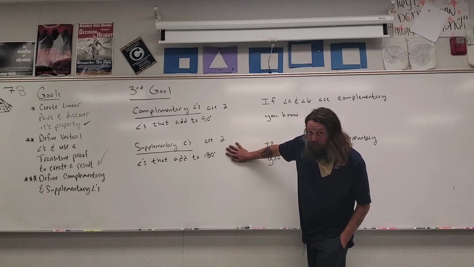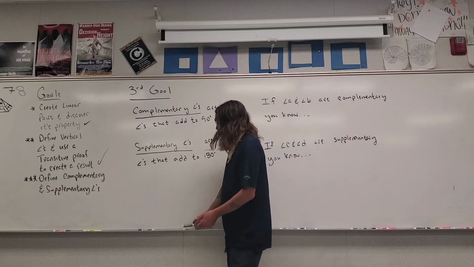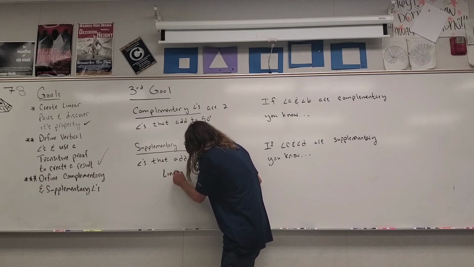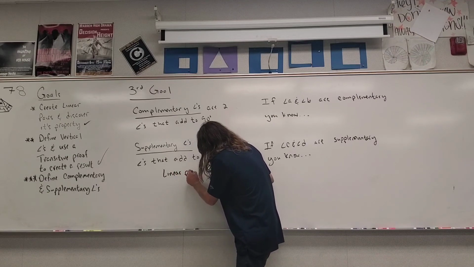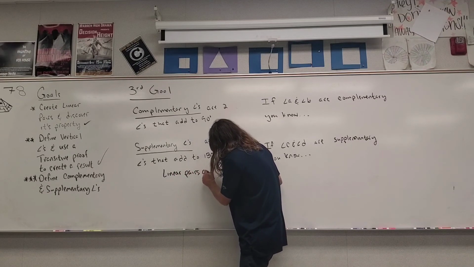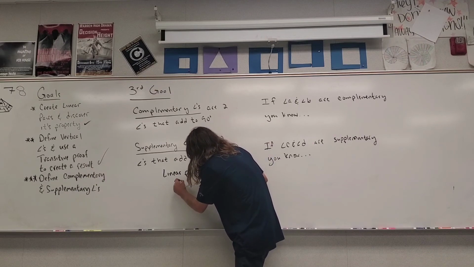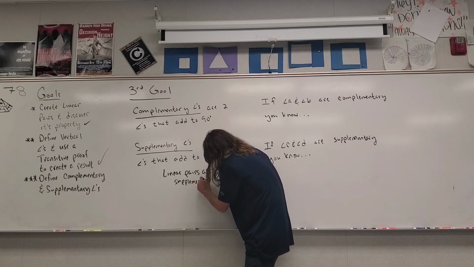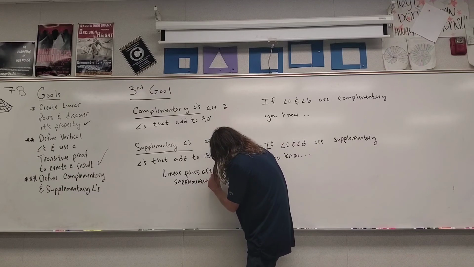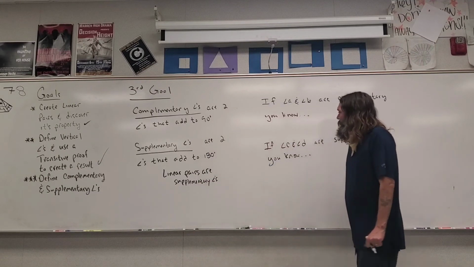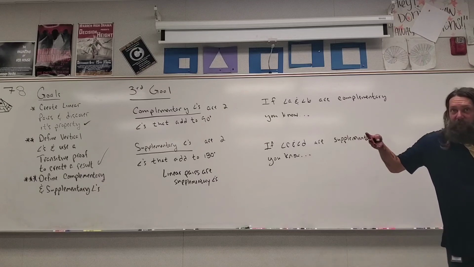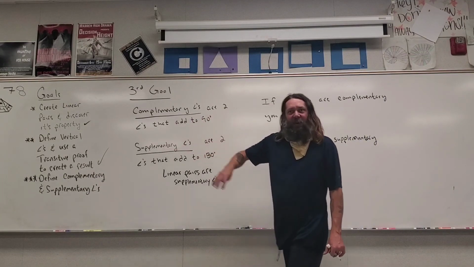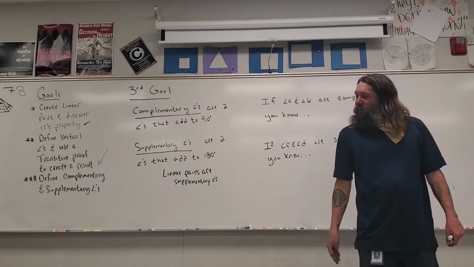Whose are supplementary angles? Well, an example would be linear pairs are supplementary. Linear pairs are supplementary angles, right? Because they add to 180. So these are clues. So again, in math, we talk to you in code.